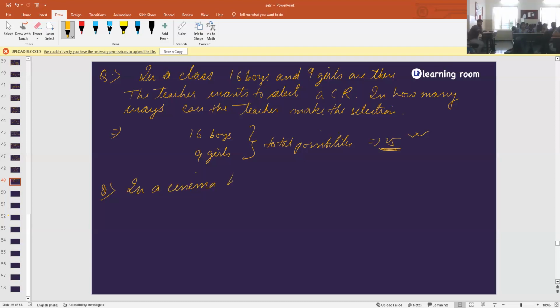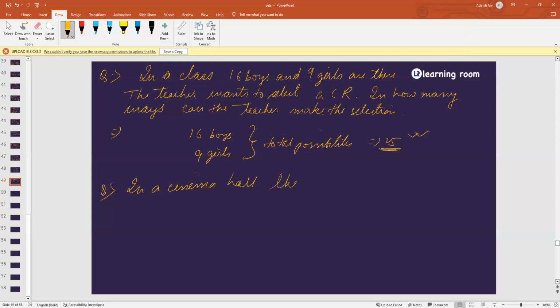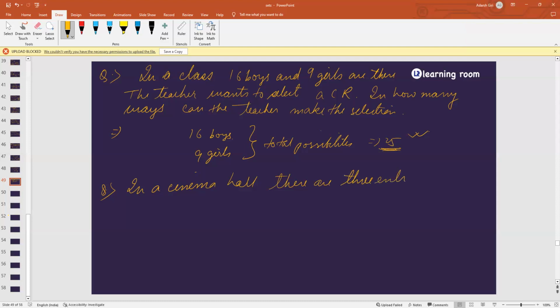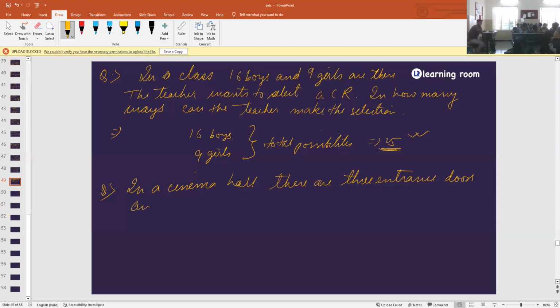In a cinema hall, there are three entrance doors and two exit doors.